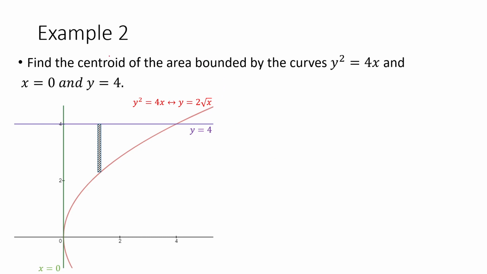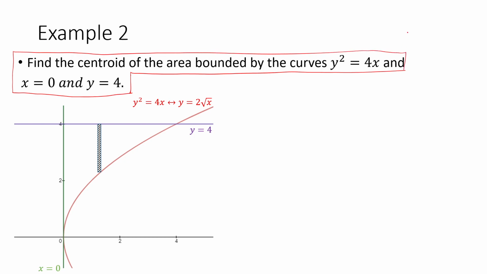So again, you are given this problem only. So you have to generate first the graph. And again, the graph presented on your screen is just for the sake of discussion, because the important part of this topic is solving for the centroid. So again, the first step is for you to graph the equations and then get the points of intersection.